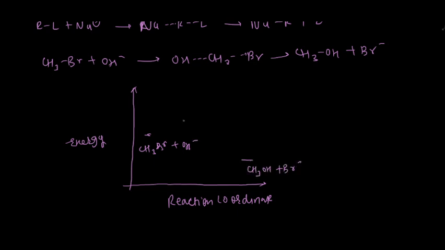The reaction is exothermic, and it is a single step reaction, so only one transition state we will be seeing, TS. In the transition state OH is attacking C while Br is leaving, and these three H are in the same plane. So this is the reaction coordinate. This is the diagram we see.